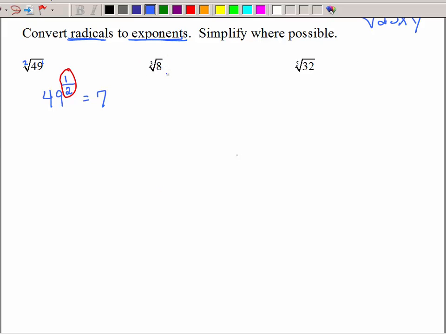Okay, so the cube root of 8 you should know is 2, but let's write that with exponents. So that is our denominator. Remember, we're going to take a fraction. That's our root, that goes on the bottom, and that's to the first power. So the 1/3 power is the same as the cube root. Let's write that down. The half power is the same as a square root. The 1/3 power is the same as the cube root.